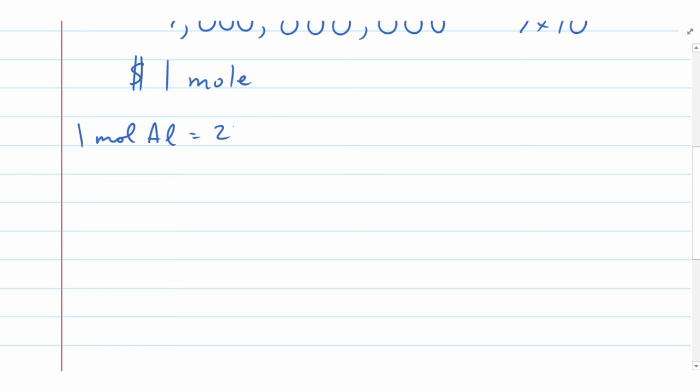This 1 mole of aluminum is equal to 26.98 grams of aluminum. And how many atoms are in here? 6.022 times 10 to the 23rd. And if we don't like saying that all the time, we can use the word Avogadro's number exactly.